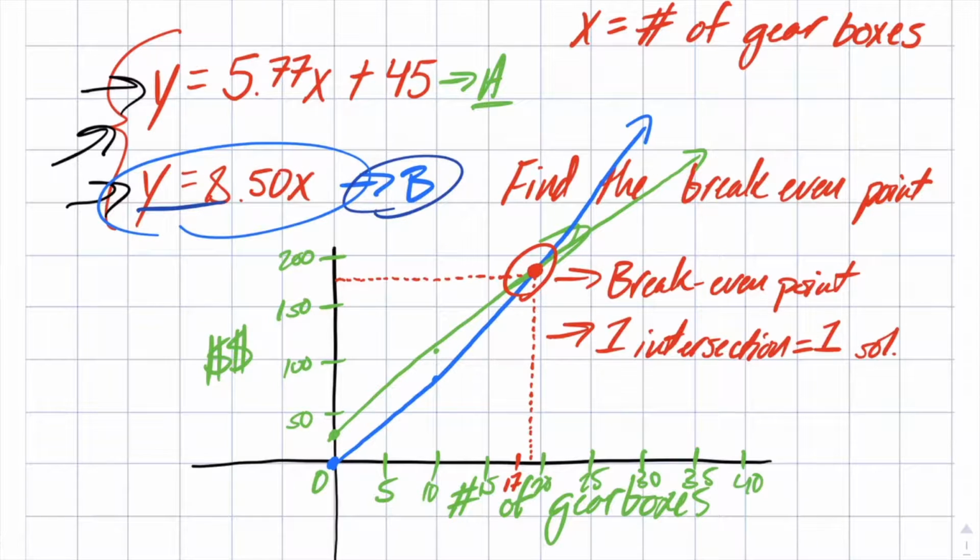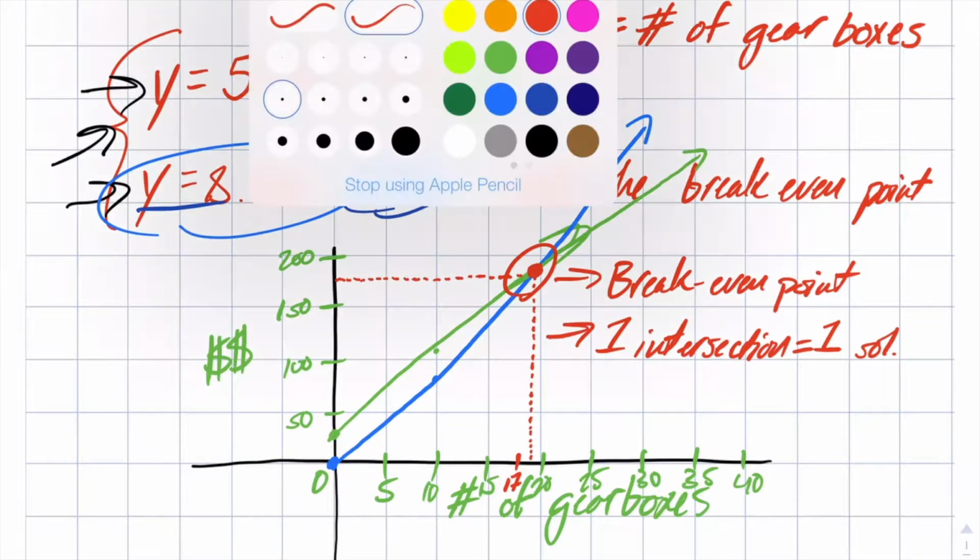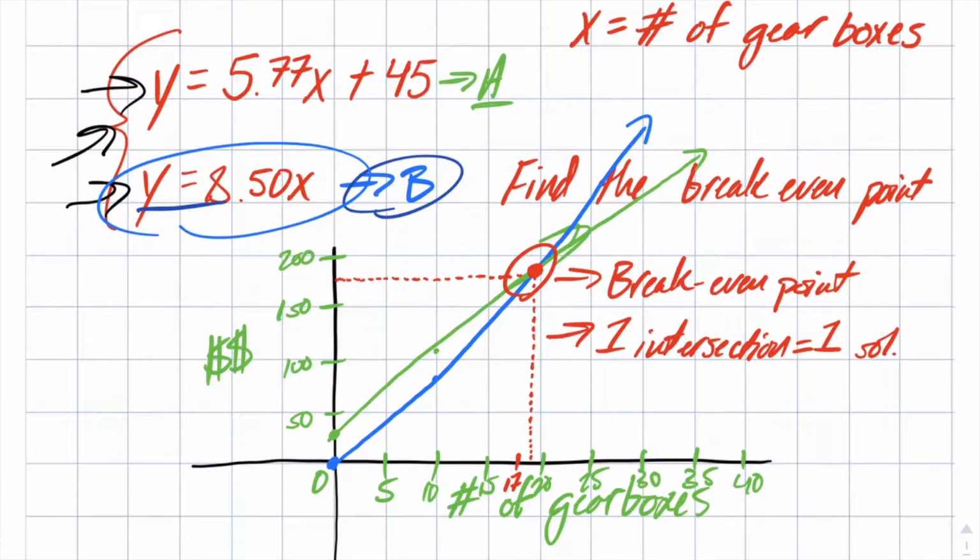So at this point, on the blue, after this point here, when they sell 20 gearboxes, 25, 30, 35, now they're making profit at that point. But before that, any gearboxes sold before, let's say 17, like 15, 10, 12, 5, they weren't making profit yet.